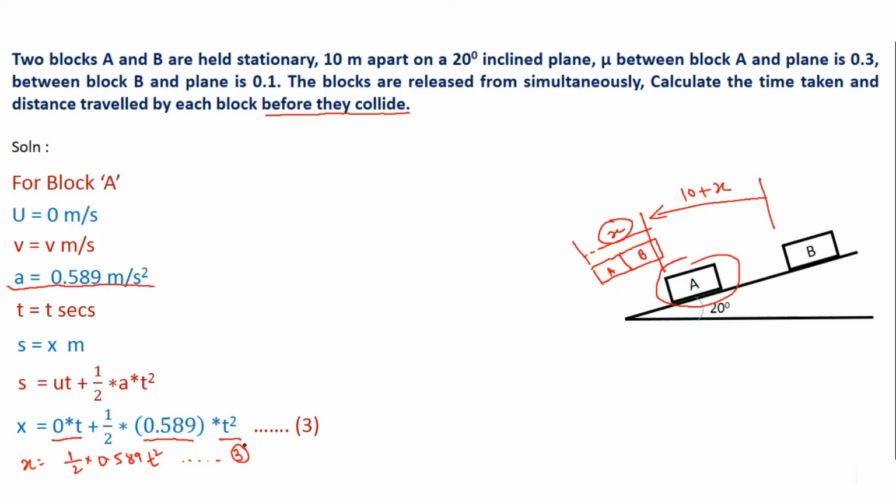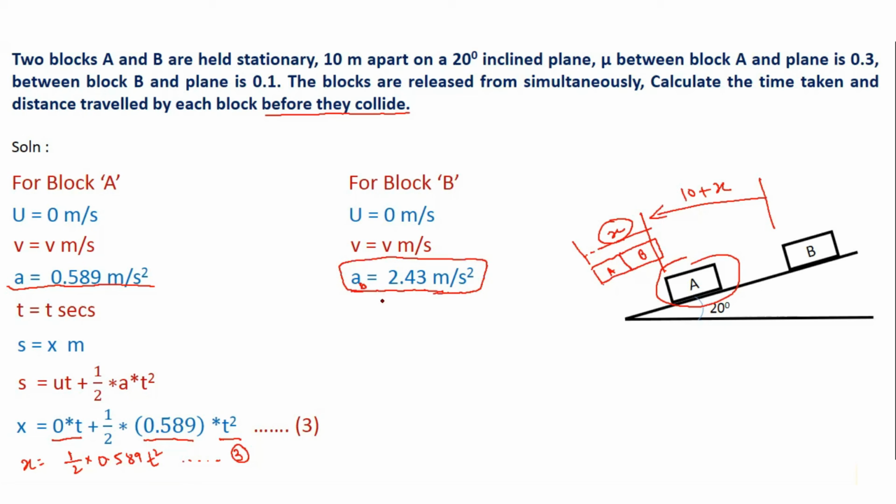Now similarly I will do for block B. For block B, again u is equal to 0, v is equal to v. Acceleration we have just found out as 2.43 meter per second square. Time, let us say it will be t only. For s, if the displacement for block A is x, the displacement for block B will be 10 plus x, because they collide with each other.